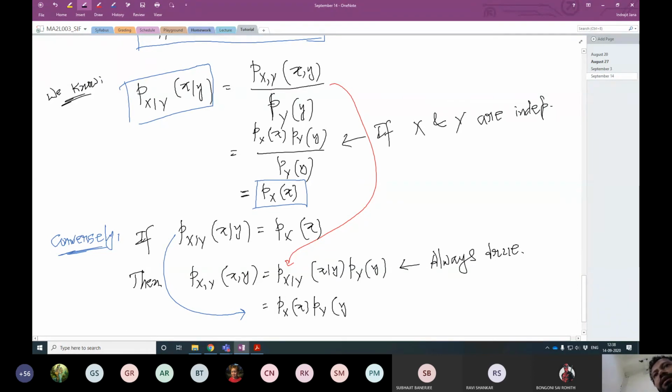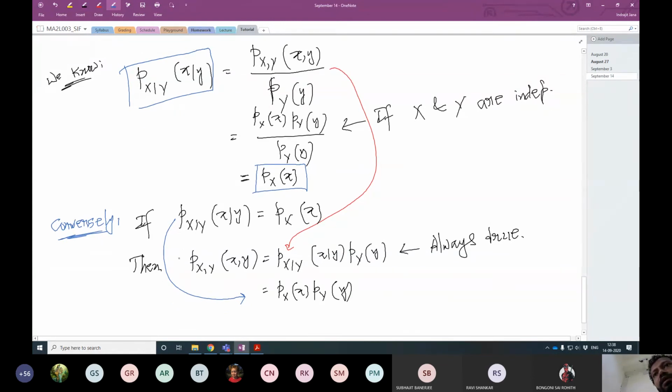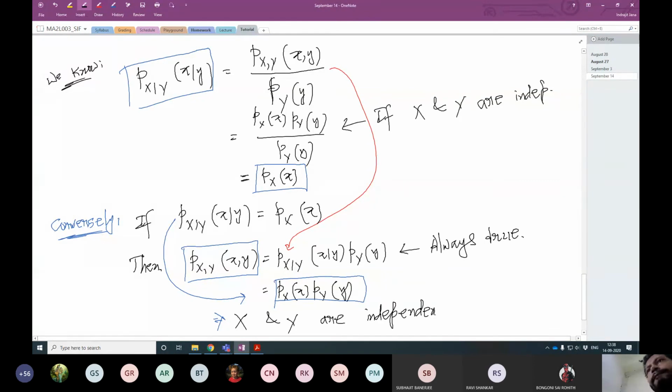So eventually, what you get is the joint PMF is the same as the product of the marginals, and this should imply that x and y are independent. Okay. So that was problem 20.